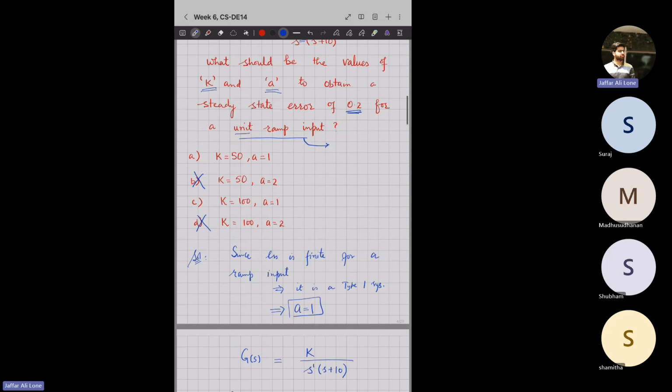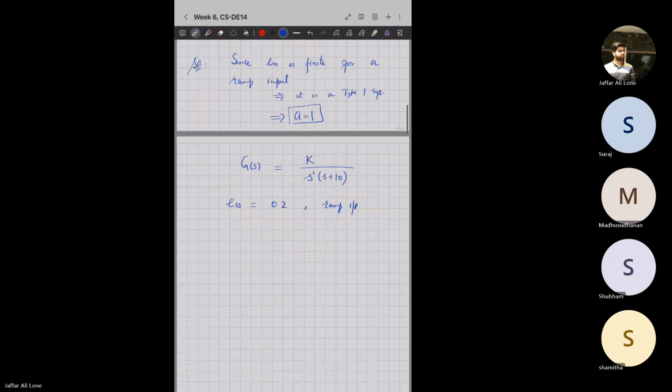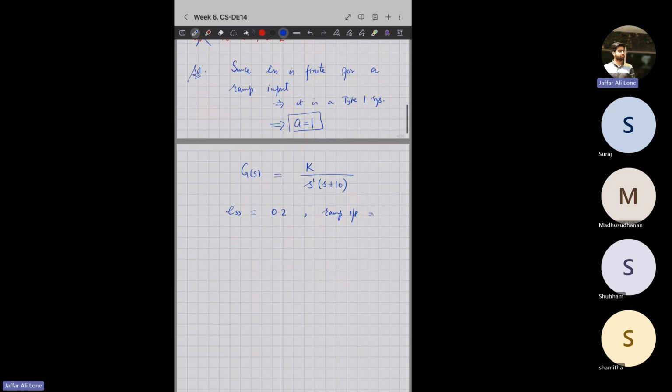It's written unit ramp input, so A is 1 here. We have to find k.